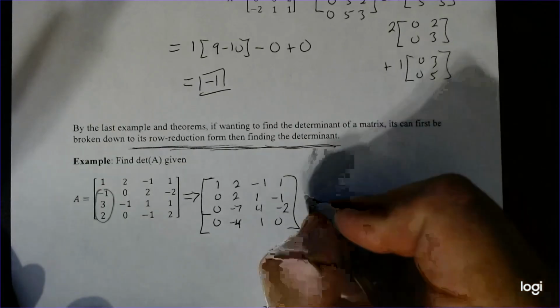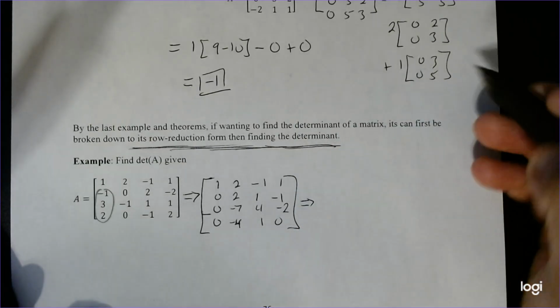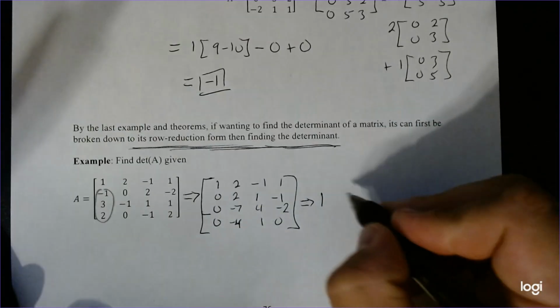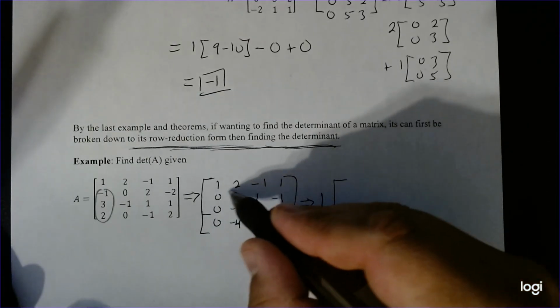So now, if I want to find the determinant of this, and if I follow this pattern, we're just going to cancel because it'd be zeros, I just get 1 times this matrix here.